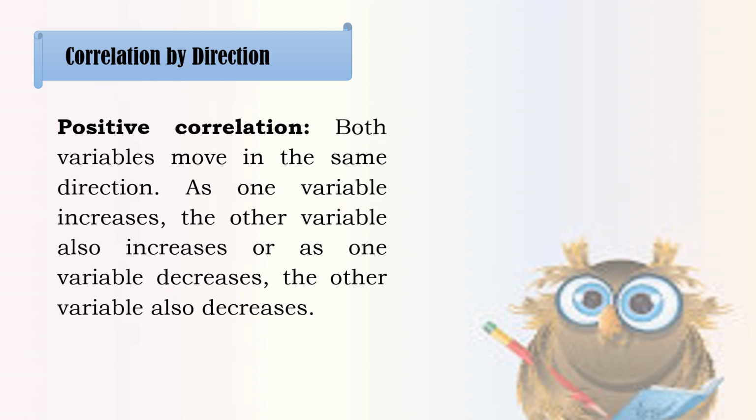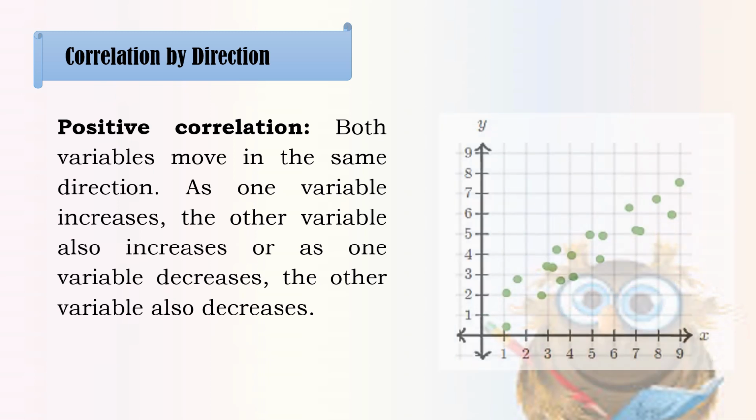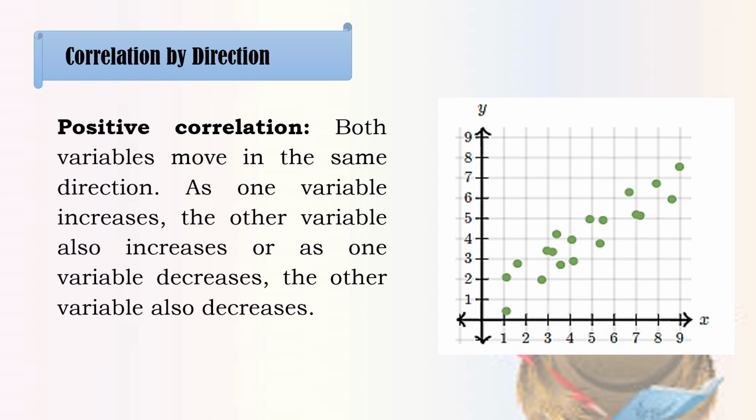Let's have here the correlation by direction. Positive correlation is like this graph. Both variables move in the same direction. As one variable increases, the other variable also increases, or as one variable decreases, the other also decreases.